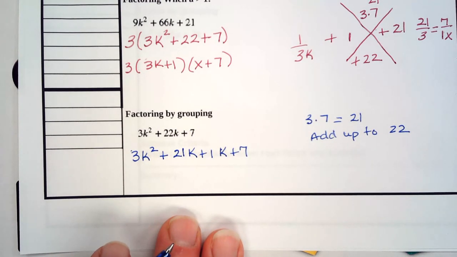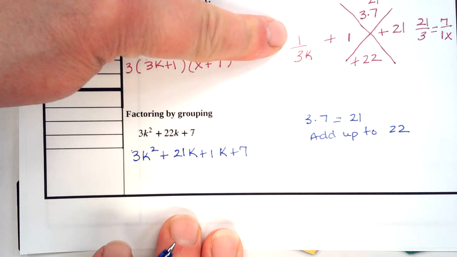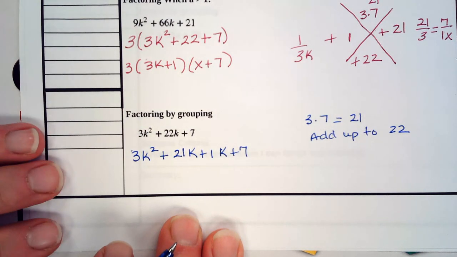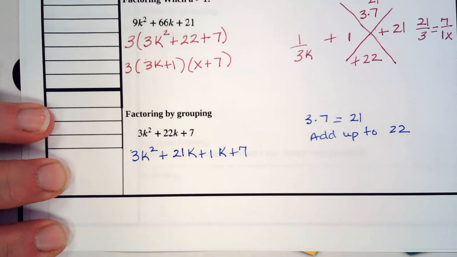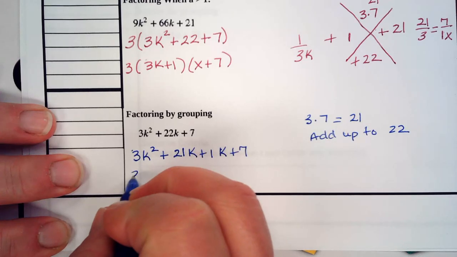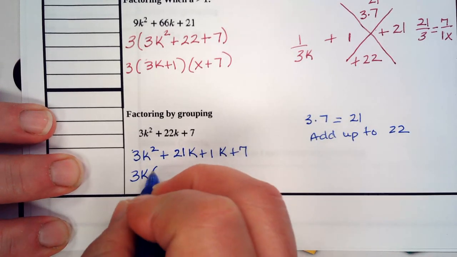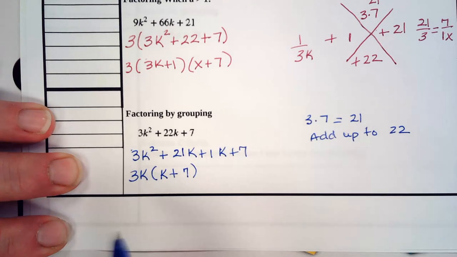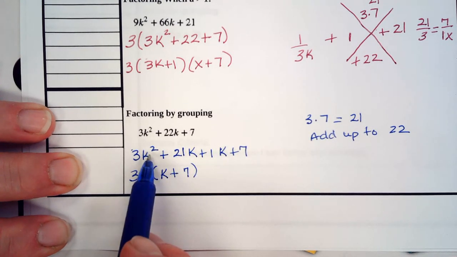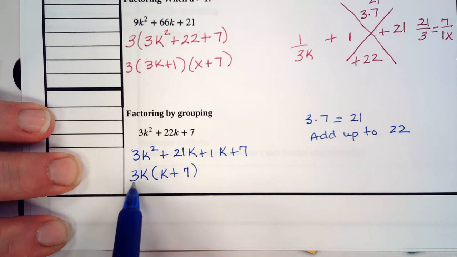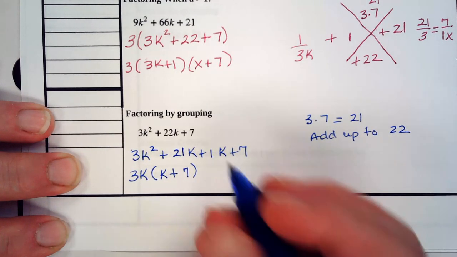Factoring by grouping, you're still using the same thought process we did up here, but now we're going to factor out the common factors. First one we can factor out 3k. And this will be k plus 7. 3k squared divided by 3k is k, plus 21k divided by 3k is 7.